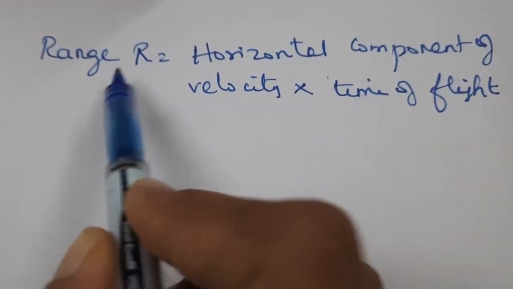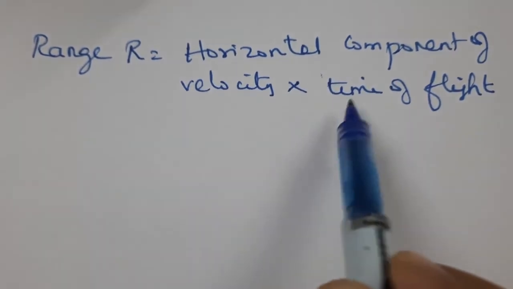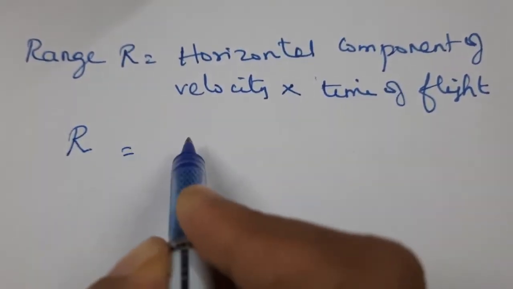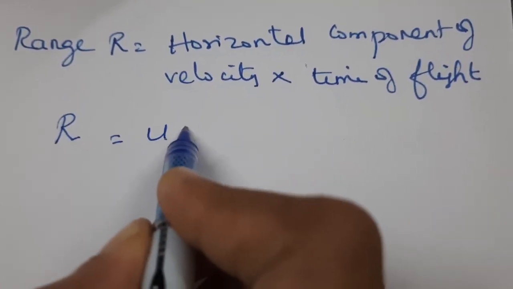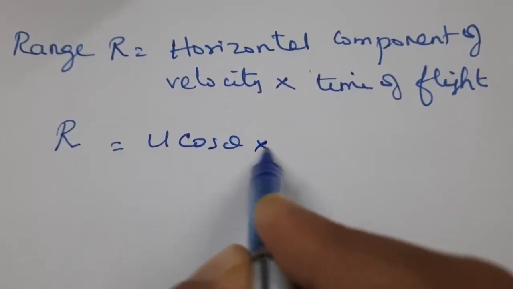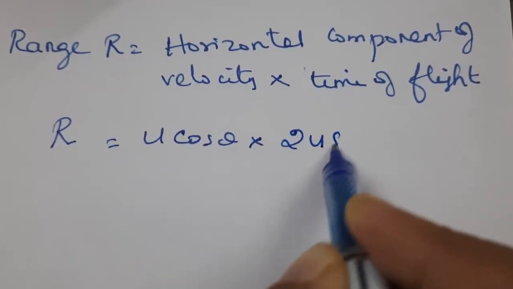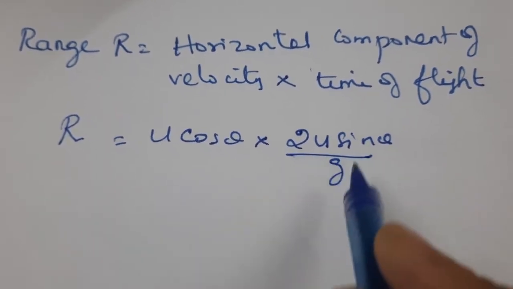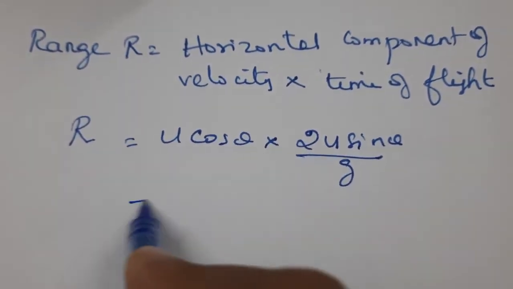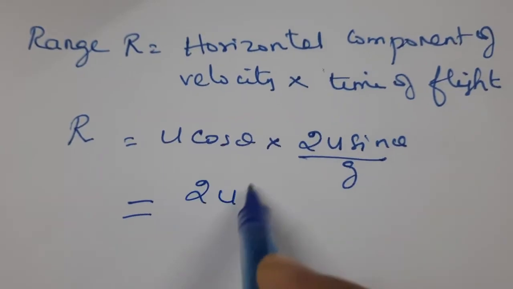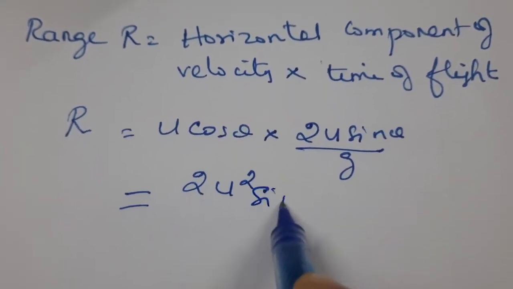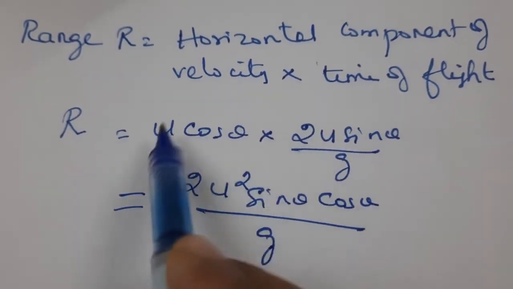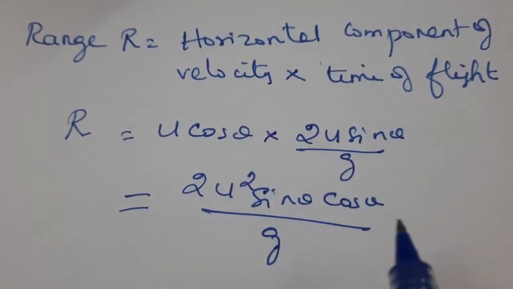So R equal to u cos theta, the horizontal component of velocity, into time of flight, 2u sin theta by g. This can be written as 2u square sin theta cos theta by g.